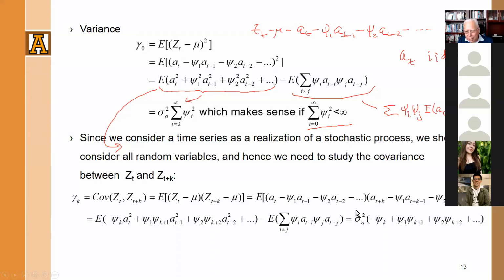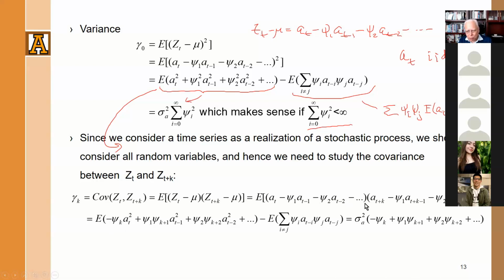When K is equal to 1, then I will have AT and AT plus K minus 1, okay, which will be AT squared multiplied by psi 1, in this case when K is equal to 1. So I can generalize this and see that for a general K, I would have minus, notice what happens when K is equal to 1.